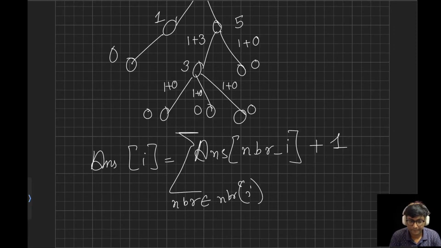That's the idea. For every neighbor, I'm adding 1 because of that neighbor, and we are also adding the neighbors it further has. So this is the idea. Now let's get back to the problem.